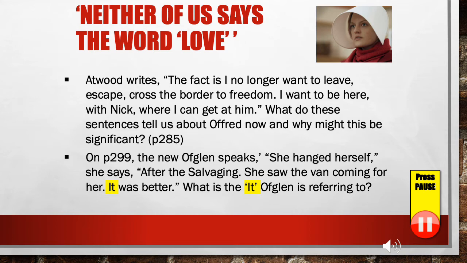As soon as she is offered the opportunity to have companionship and affection, Offred's guard comes down, really, and she slips into all sorts of complacencies, mentally and actually in some of the things that she does in her behaviour.